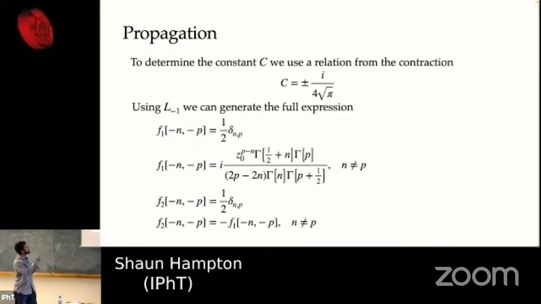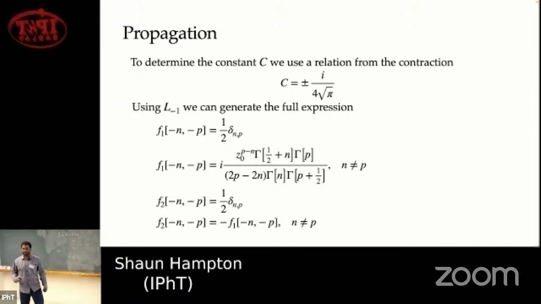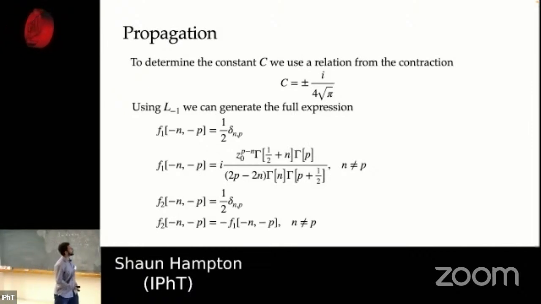And so what we do is we can again use these L-1s recursively. There's a convenient way to write the equation such that you can compute this generally. So if you know f of -1 minus p, then you can use L-1s to get you f of -n minus p. And this constant c here, we actually had to use a relation with L-2, which is not the global algebra, but nonetheless, it's still one of the Virasoro generators.